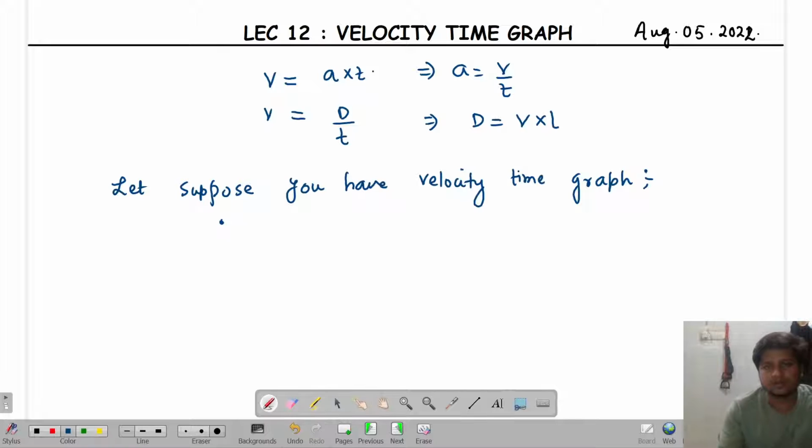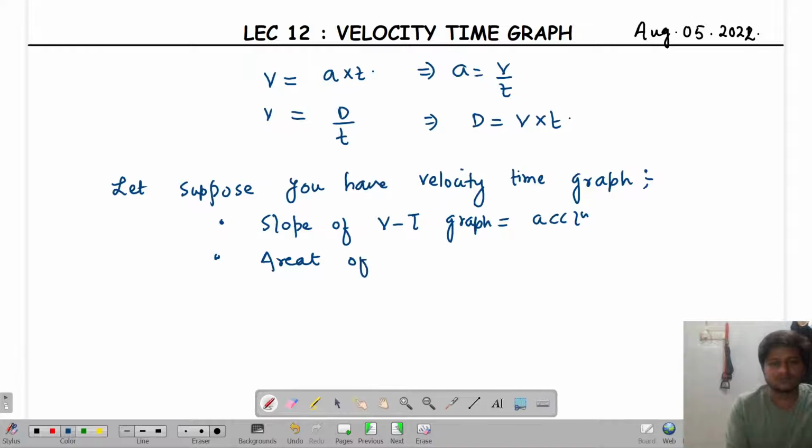So the slope of the vt graph is going to give you acceleration, while the area of the vt graph is going to give you displacement.